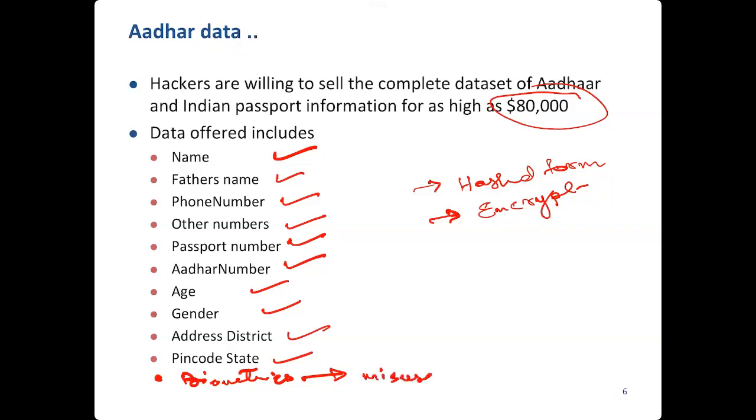Now the question that I asked you yesterday: what can you do? You cannot prevent somebody from stealing this data from any database, right? Aadhaar database or some other database. It will happen in future. How do you handle this?